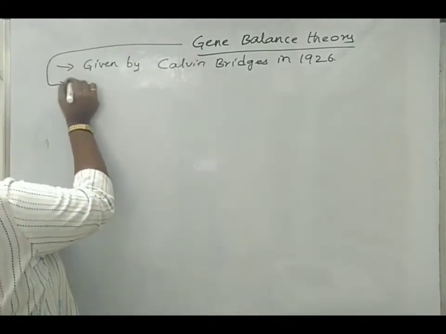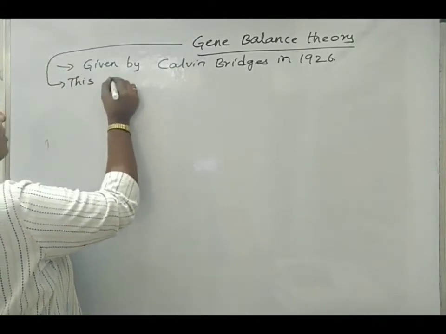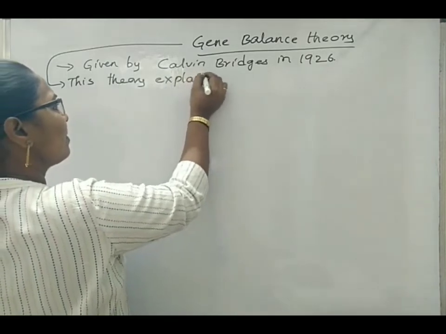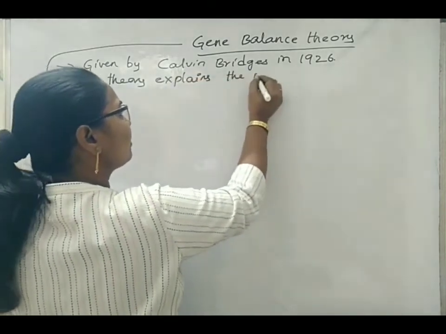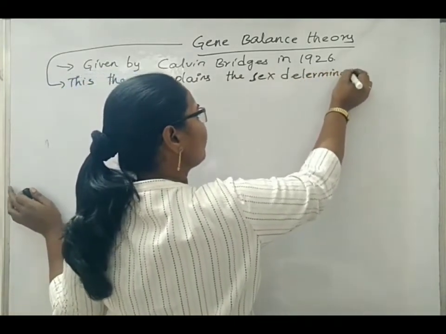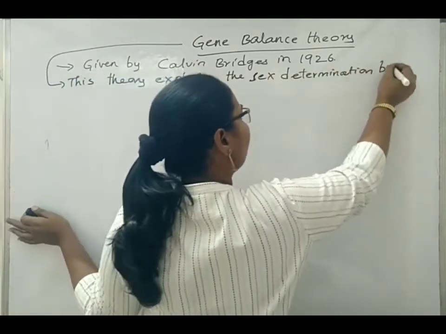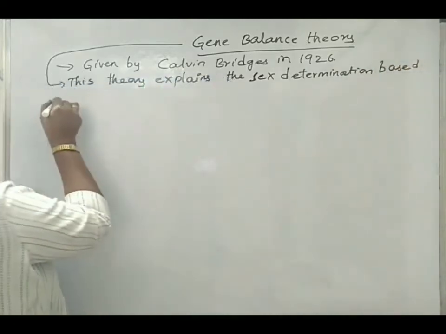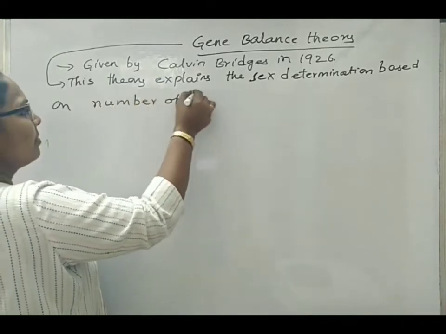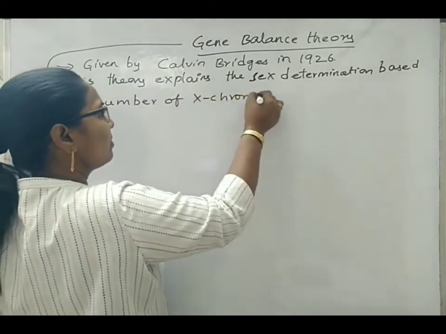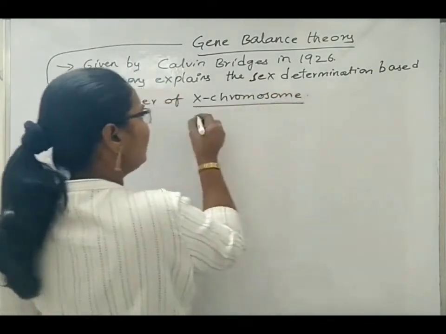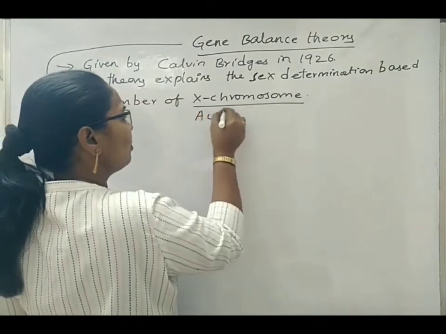So this theory explains sex determination based on the number of autosomes.